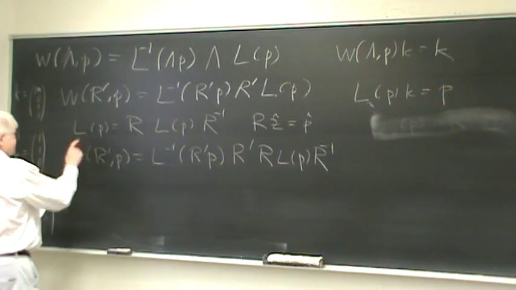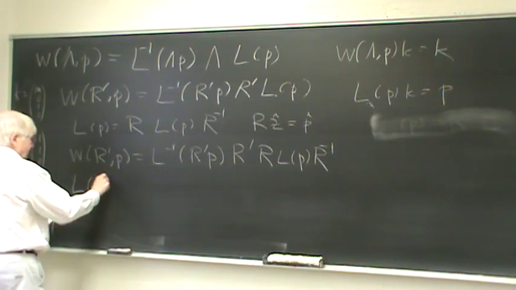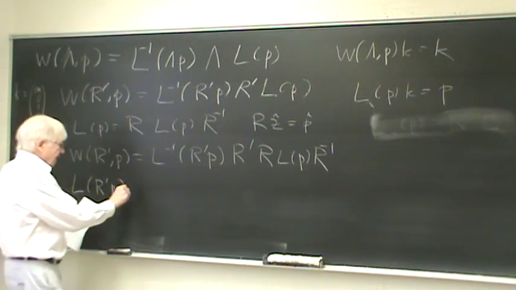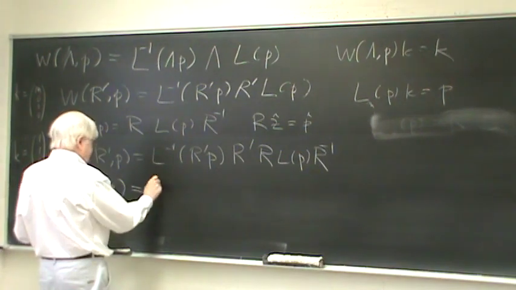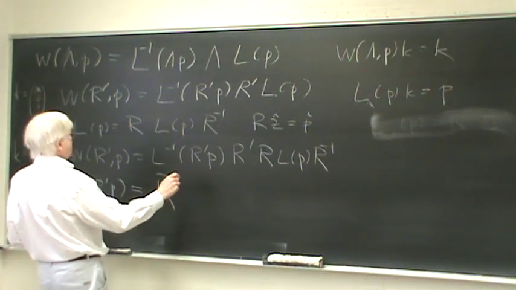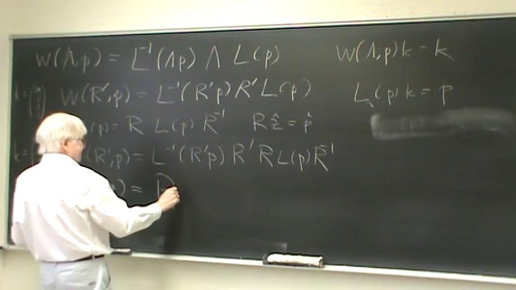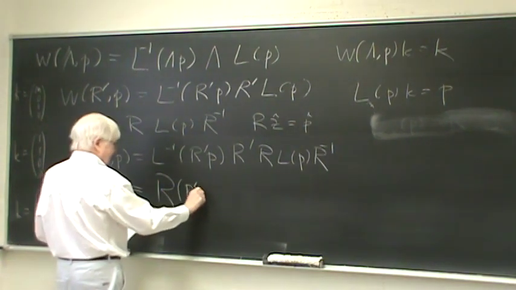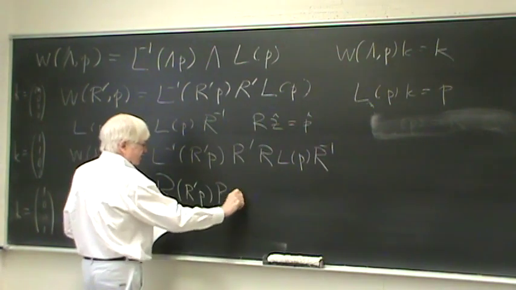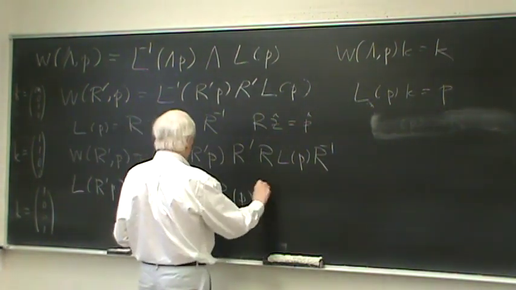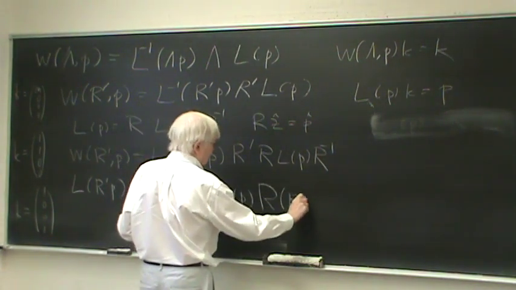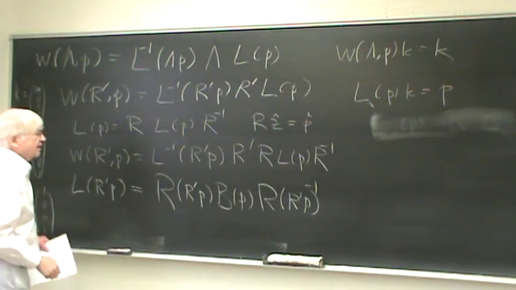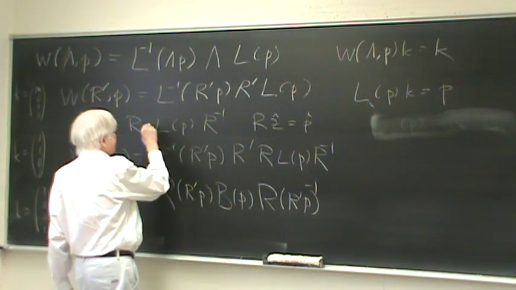And so what is L of R prime p? Well, it's just from this general rule, it's R of R prime p, B of p, R of R prime p inverse, following this rule here, where I left out the fact that there's a p here.